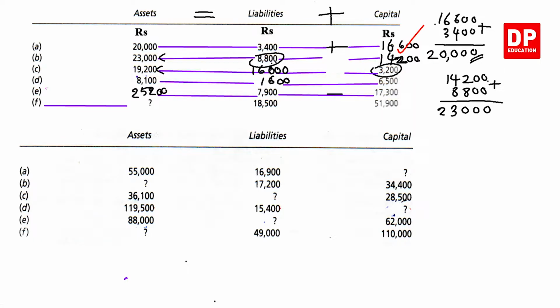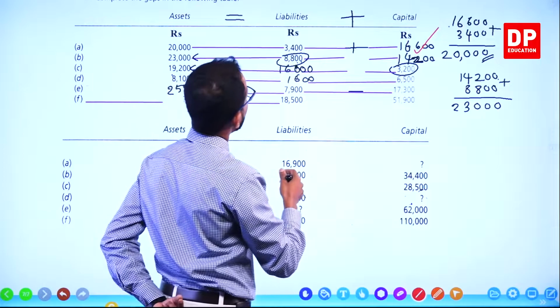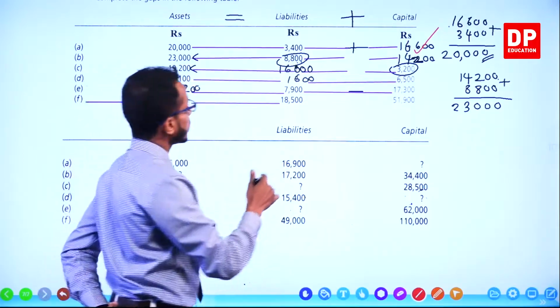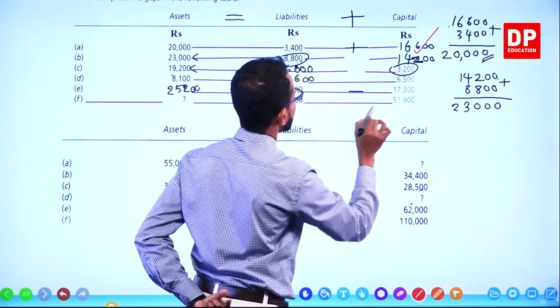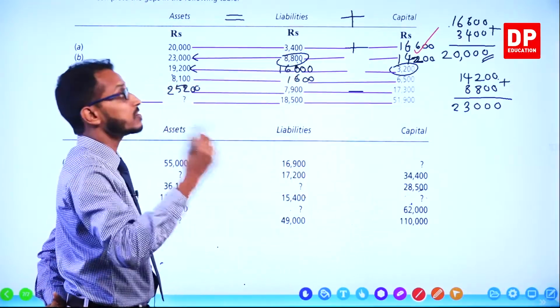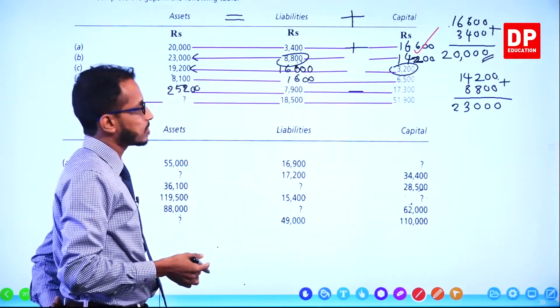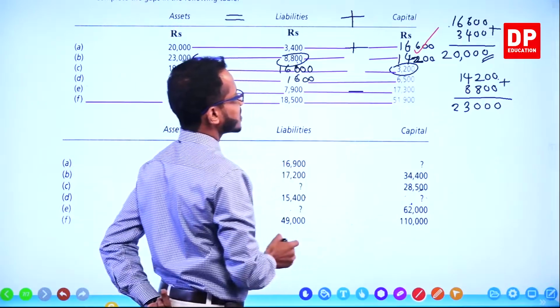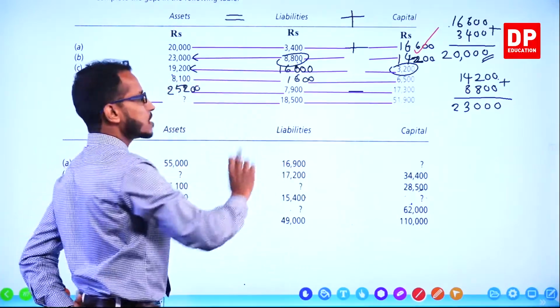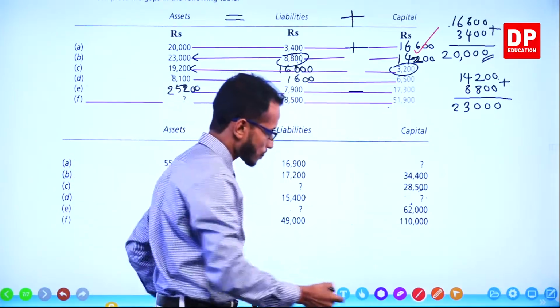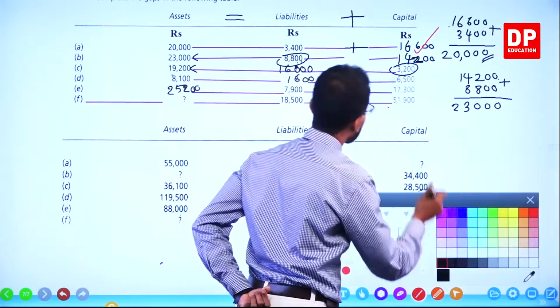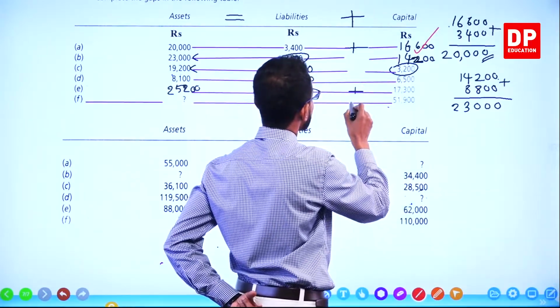We don't know the assets, but we have 18,500 worth of liabilities plus 51,900 worth of capital. This much of assets invested by the owner, this much of assets borrowed from external parties. So this plus this forms the assets.